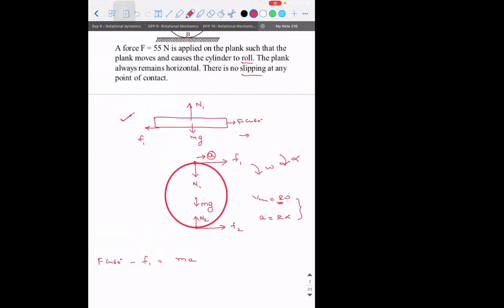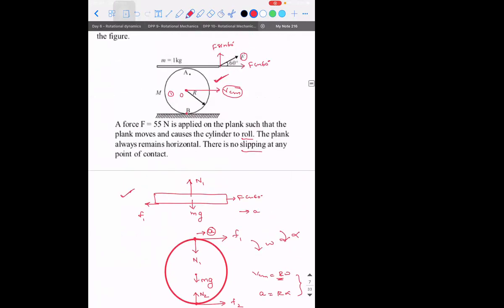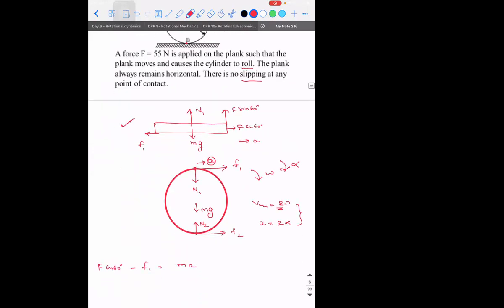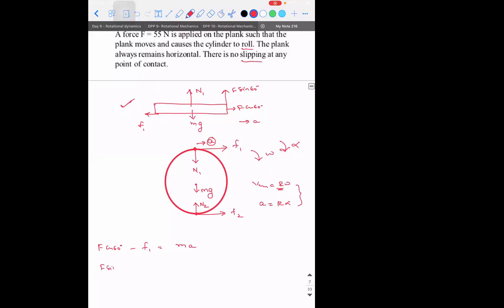Can someone correct? I missed a force. What is it? I missed F sin 60. So F sin 60 plus N1 will be equal to mg.